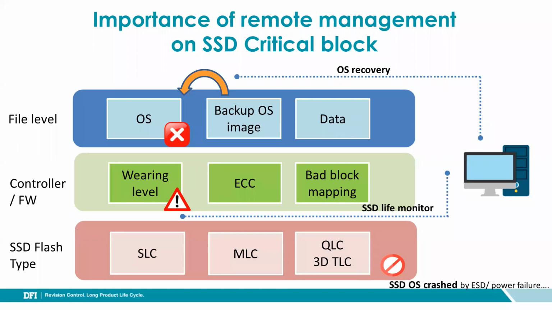Although this could be improved by optimizing the firmware of storage with wear leveling, ECC and bad block mapping, etc., it's still high risk for OS crashing after the storage device ages.